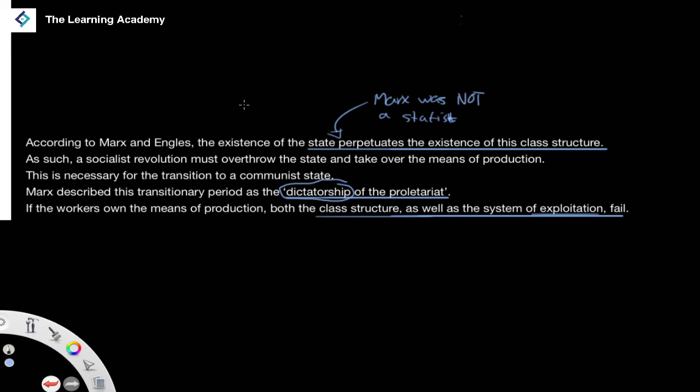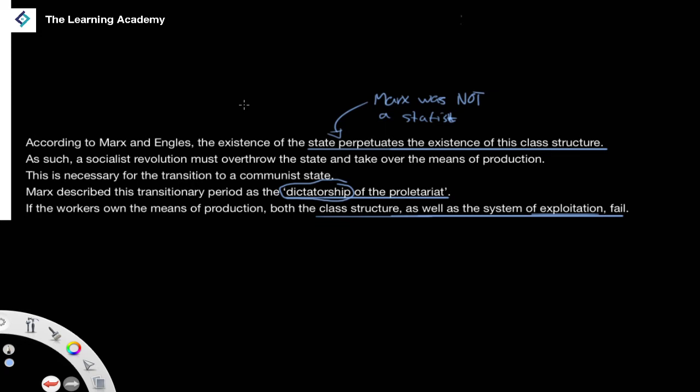Now, dictatorship in Marx's time was not necessarily as pejorative as it is in today's society. Dictatorship simply meant ownership or complete control. So, dictatorship of the proletariat would refer to control by the proletariat.